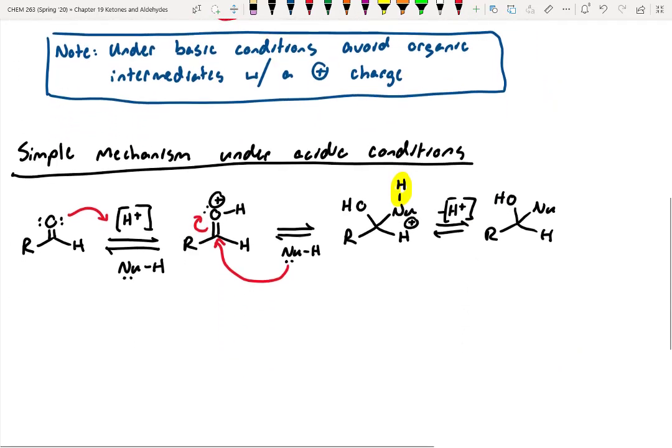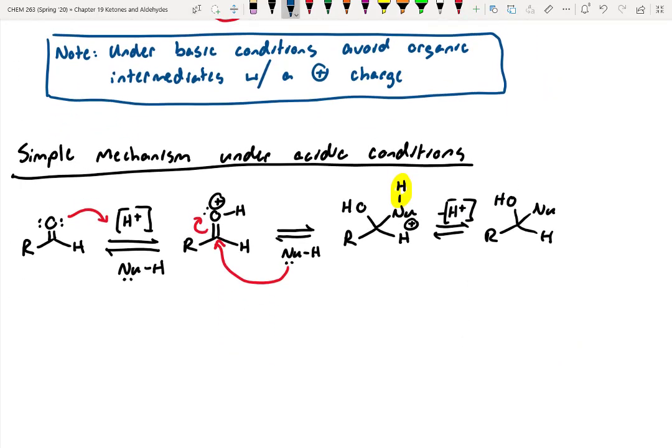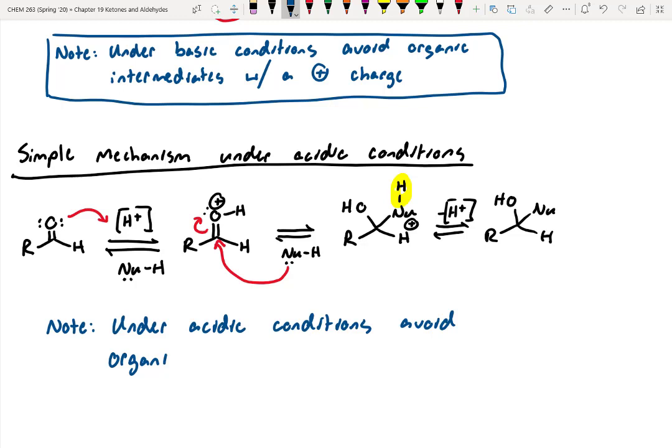All right, just like we made the note up above about basic conditions, I wanted to do one down here for acidic conditions. So under acidic conditions, the opposite is true. So avoid organic intermediates with a negative charge.